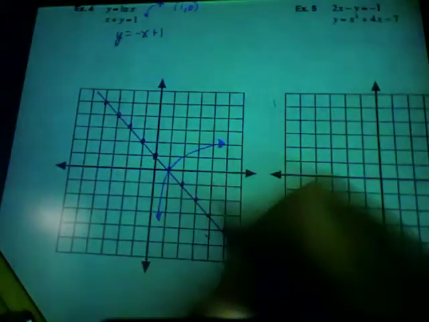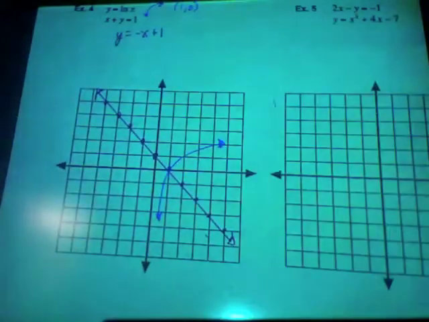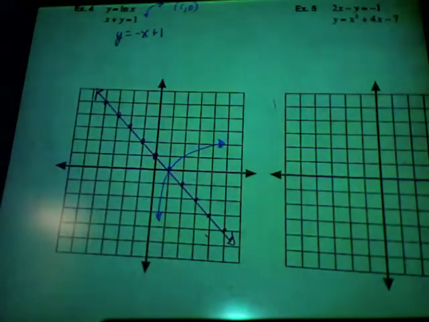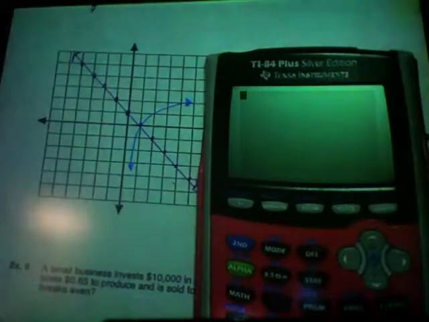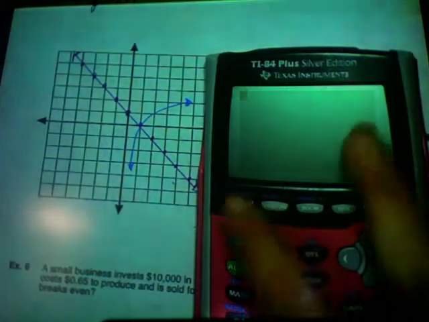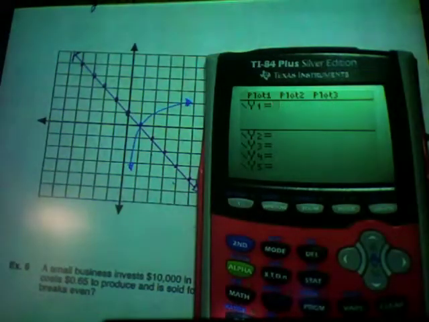Now, if you want to graph these on your calculator and double check and see if your graph is correct, feel free. So I'm going to go into y equals, clear out anything that might be in there. Now I'm going to put natural log of x. Where's your natural log on here?